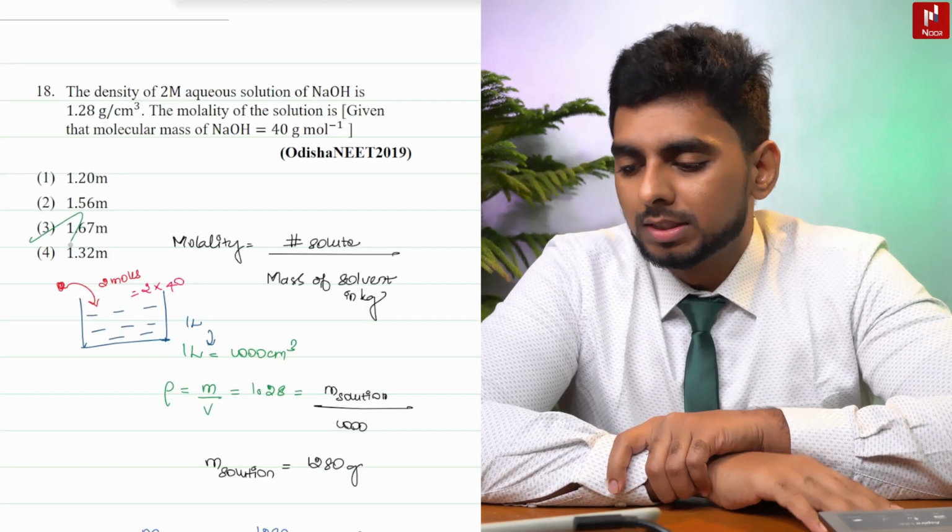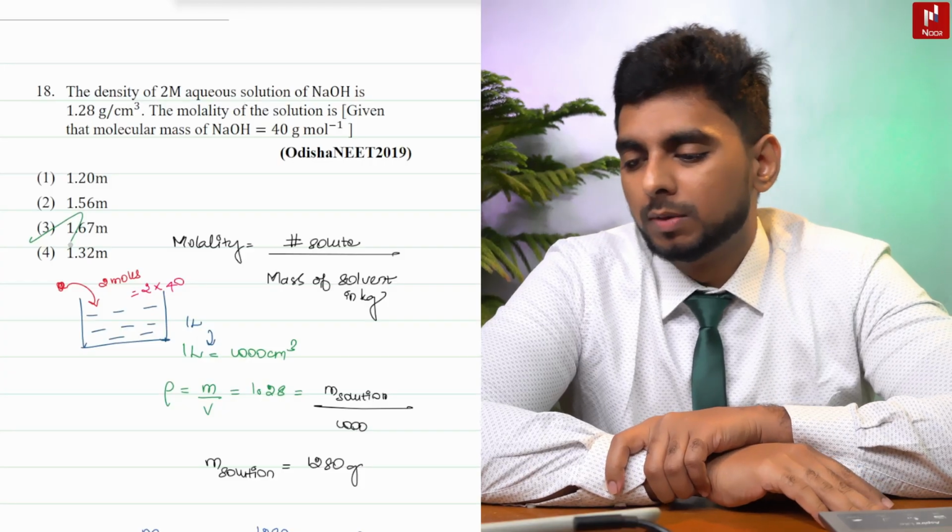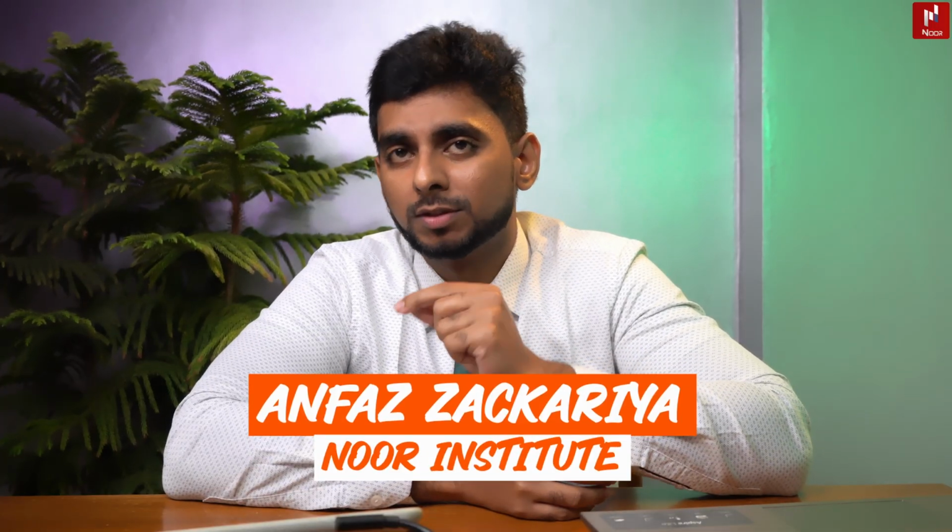So in this sum, the mathematical part is lengthier. Here they have given you a 2 molar aqueous solution, which means in 1 liter of that solution, I'll have 2 moles of NaOH. That's the combination. From that, I'll have to get the molality. To get the molality, the number of moles of solute is 2. Divided by the mass of the solvent in terms of kg. To get that, first I should know the mass of the solution.